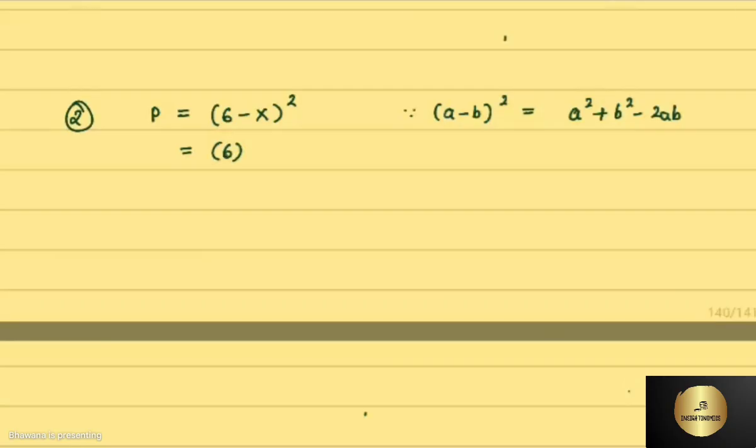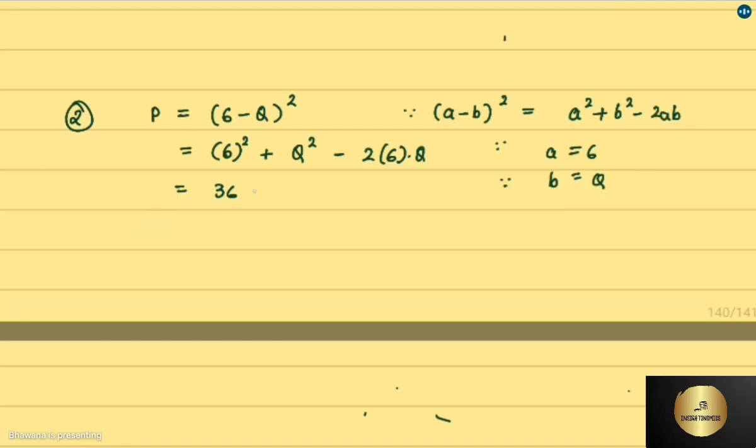Let me do it like this. 6 square plus x square, or you can use instead of x, this is your q. Okay, q square minus 2a into b. Your a is 6, and in this case your b is q.